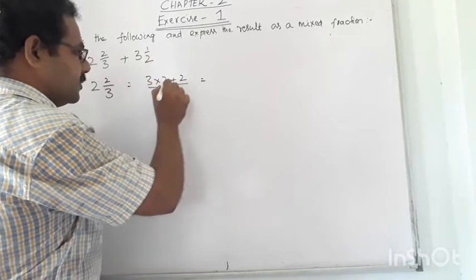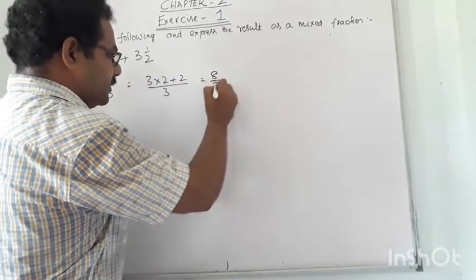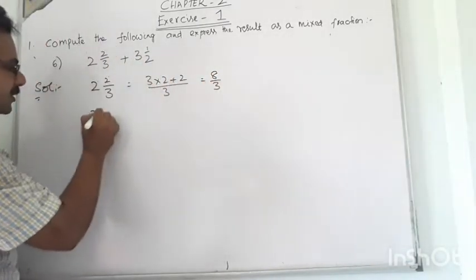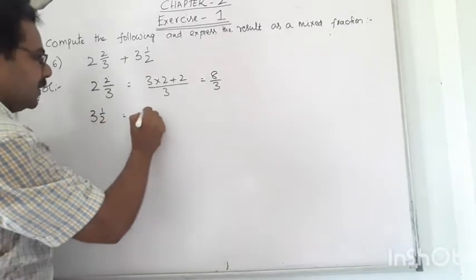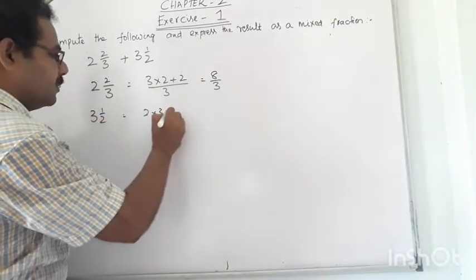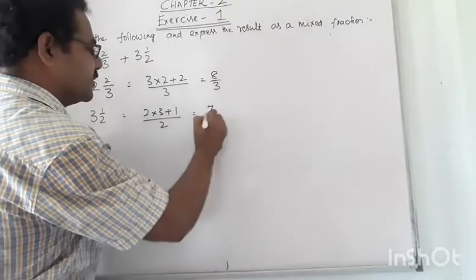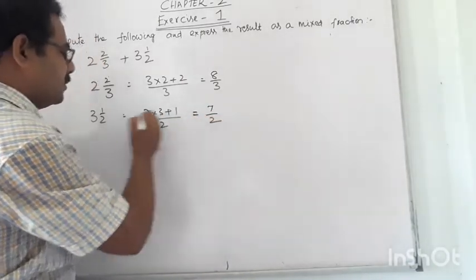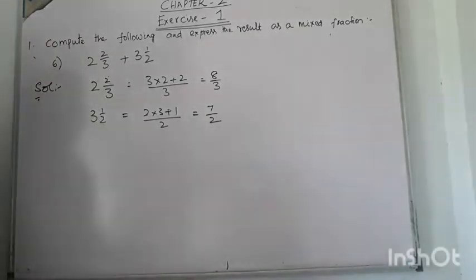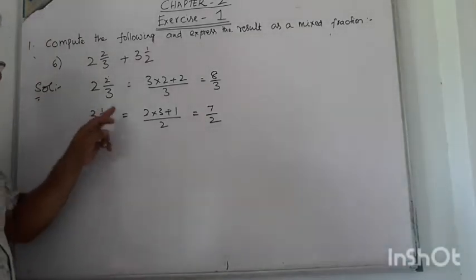This is equal to 3 2s are 6 plus 2, 8 by 3. The second one is 3 and 1 by 2, means 2 into 3 plus 1 by 2. This is equal to 2 3s are 6 plus 1, 7 by 2.